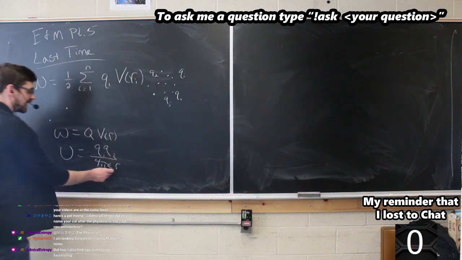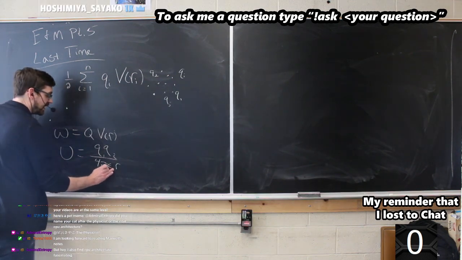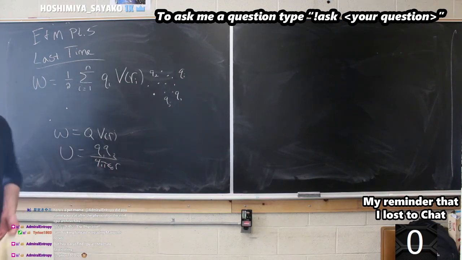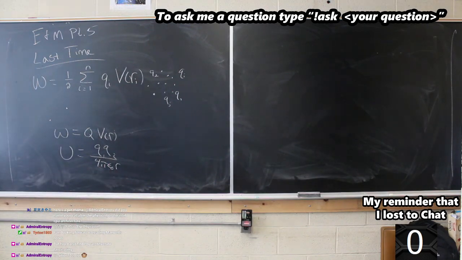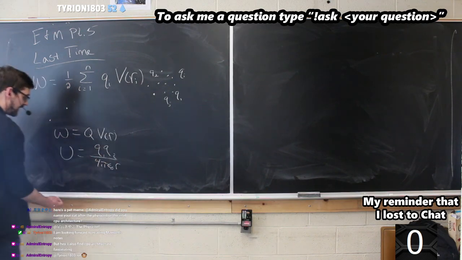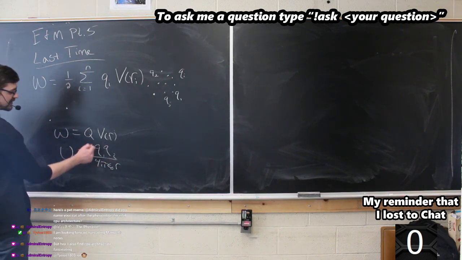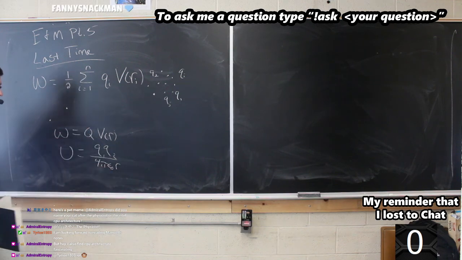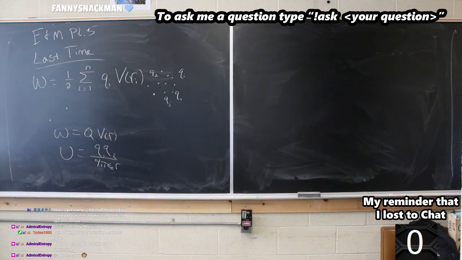And that was kind of like k Q1 Q2 over R, right? And that was potential energy. That's how potential energy is treated. But really, this is kind of the same thing, where the potential is just equal to the one charge, and you just talk about it as if it's a potential associated with a single charge.